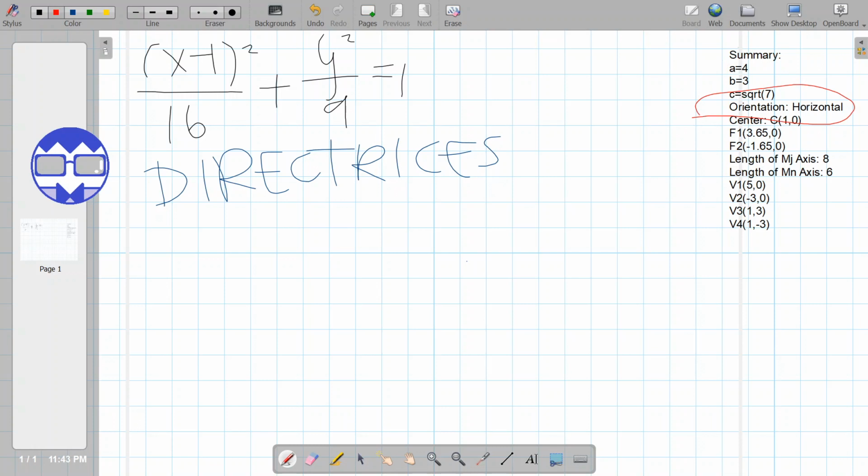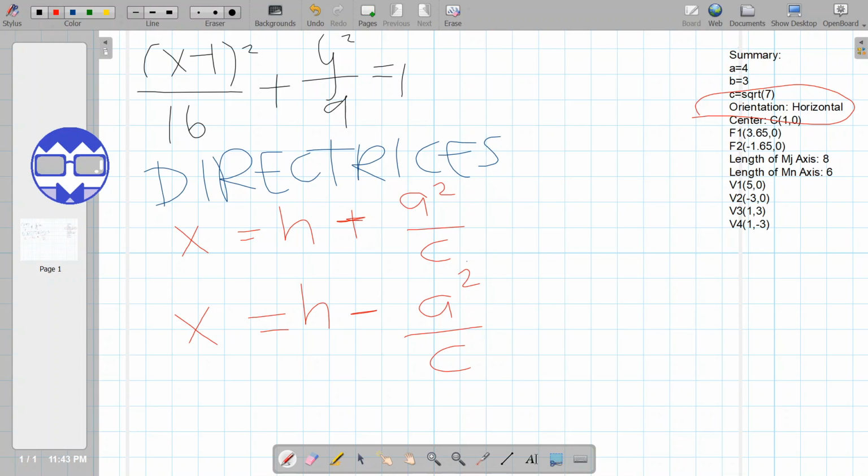If it's horizontal, again, horizontal movement, we have X and H. So you will have X equals H plus, according to our formula, A squared over C. Do not forget that for the directrices, it's A squared over C. And we have X equals H minus A squared over C.